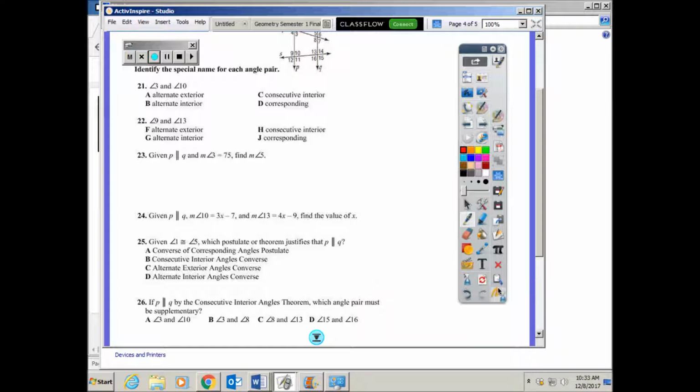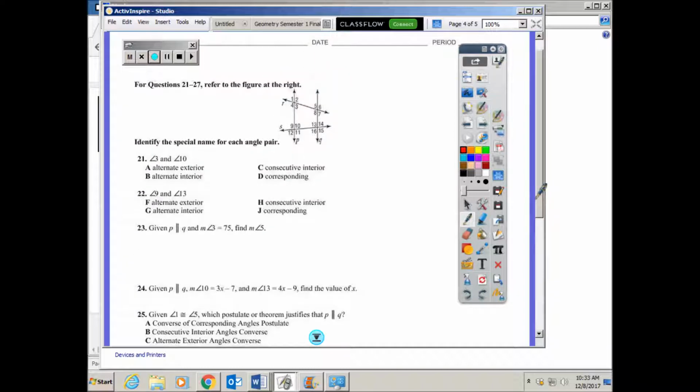Number 26 is also a bit confusing because they're asking you to prove that P and Q are parallel. And the first set of angles that they give you, 3 and 10, are actually consecutive interior angles.